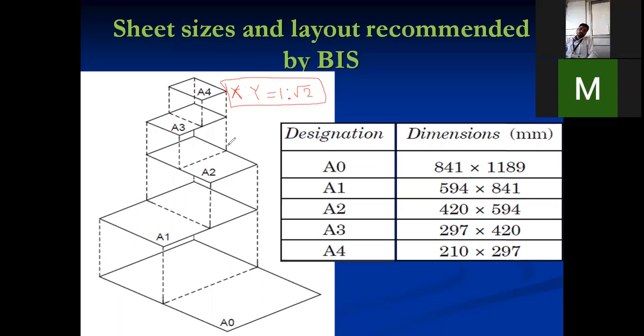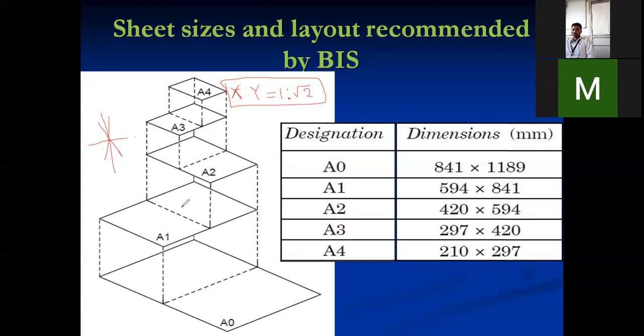How are these different sheet sizes maintained? That's why this diagram is given here. Whatever diagram you are observing here, it shows how this ratio is maintained. If you see one sheet here, A4, or from the bottom, A0, one of the dimensions is made half. In every case, one dimension is kept as it is, and the other is made half or double.